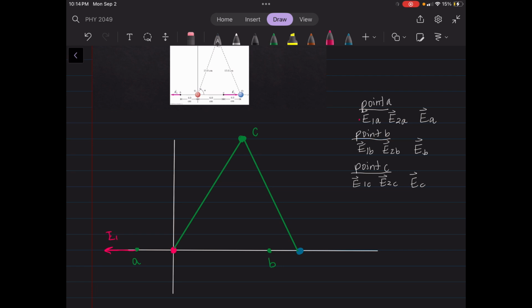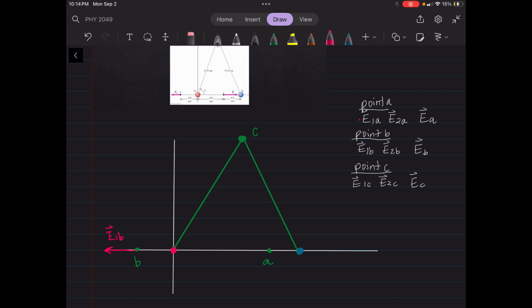So that's going to be E1A. What about the electric field at point A? Oh, look at that. Sorry, I have my A's and B's switched. Let me go ahead and fix that. Okay, let's call this B. We're just going to go ahead and start with B.